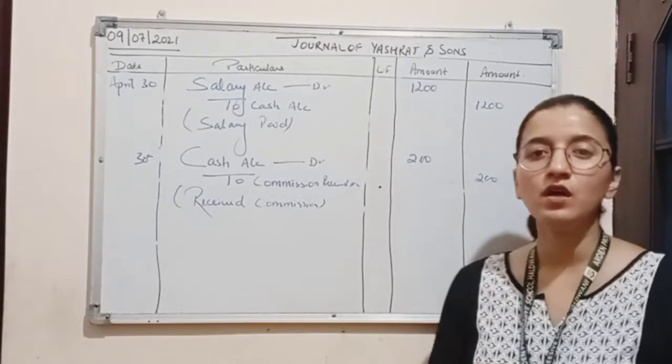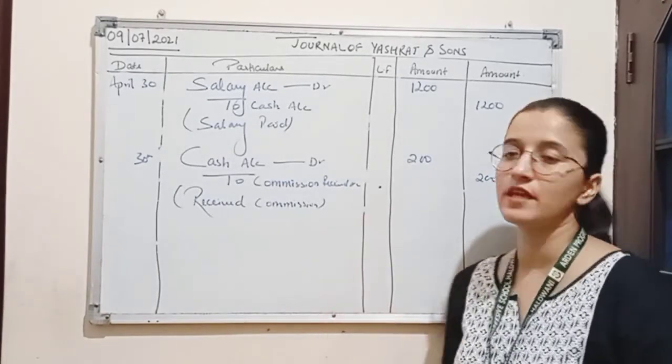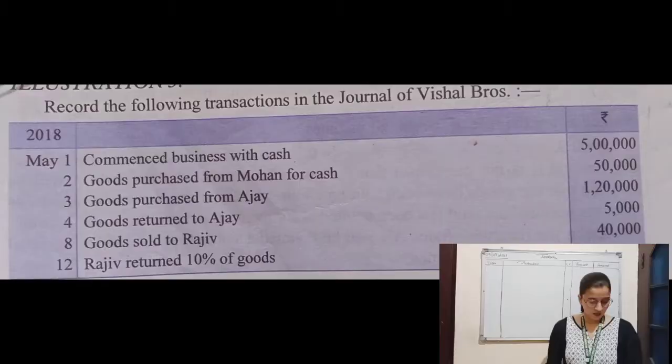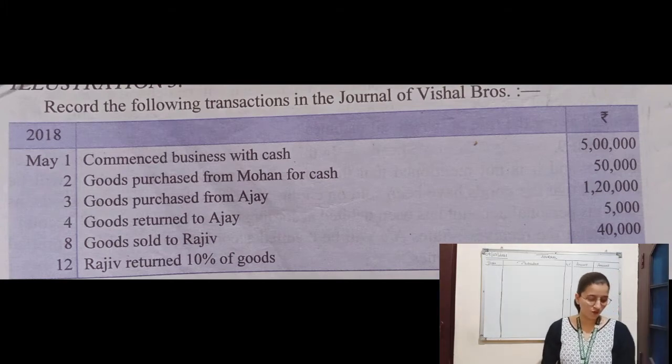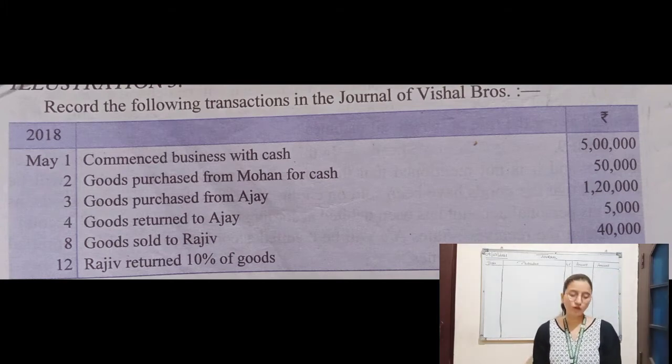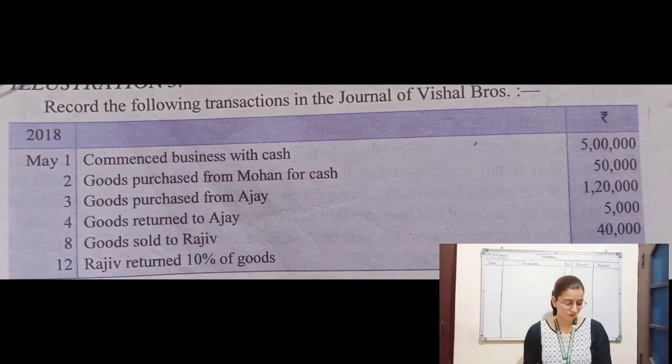So this is how questions based on these transactions are solved. Now here is the second question. Question is, record the following transaction in the journal of Vishal Bose. First transaction is on 1st May 2018. Commenced business with cash amounting to rupees 5 lakh. Second is on 2nd May, goods purchased from Mohan for cash rupees 50,000.